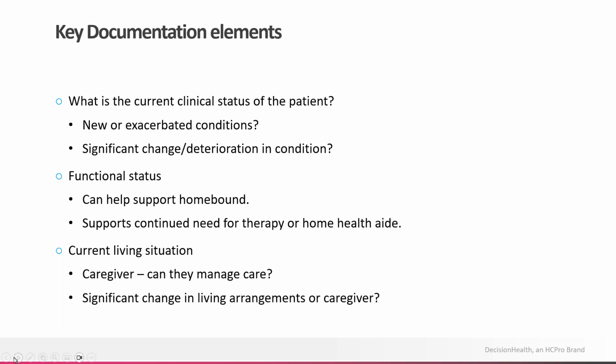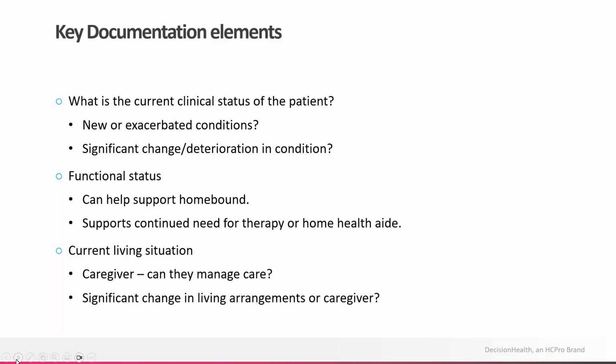So is there a new caregiver? Is the caregiver managing the wound care? Or, you know, do they need additional teaching? Do they have a home exercise program and they're managing that? If they are, then you may not be able to justify staying in that home. A change in caregiver, though, could help justify that. You know, you may need to do more teaching, more training.